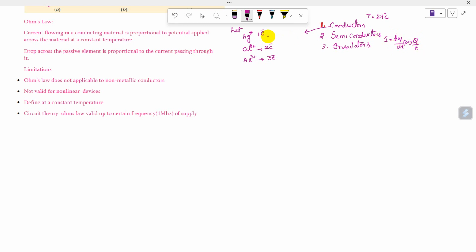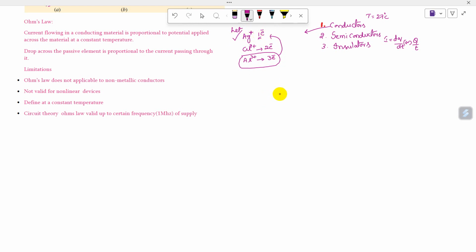By seeing these free electrons, silver has the fewest free electrons, but it has higher conductance or conductivity when compared to the others. So among these three materials, silver has the highest conductivity even though it has one free electron. So why does silver have high conductivity?